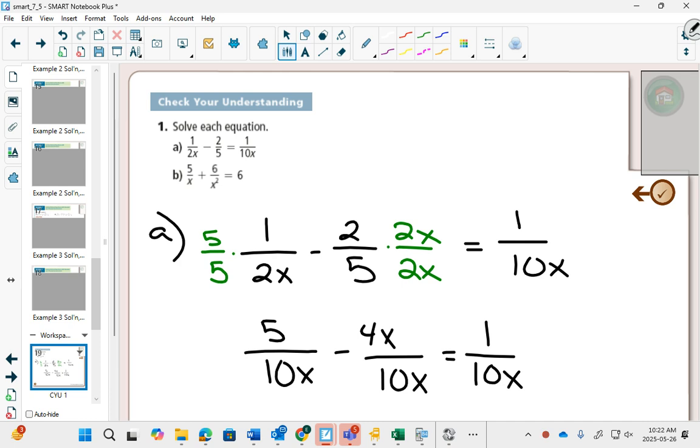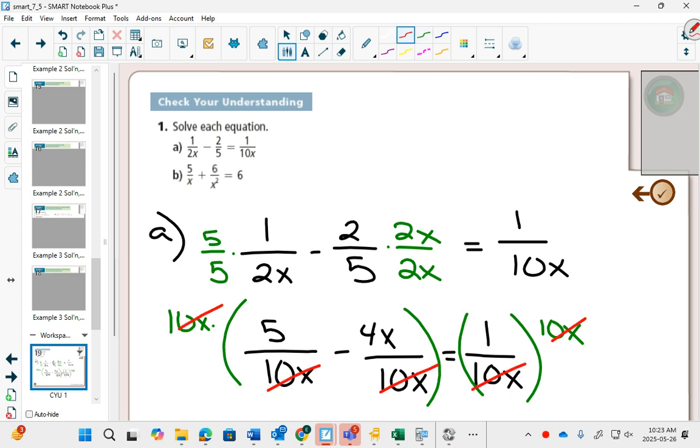Once you get that common denominator, you're going to multiply this side and this side by 10x. And when you do that, all your denominators will go away. That's the idea. Probably you won't even show the green in this step.